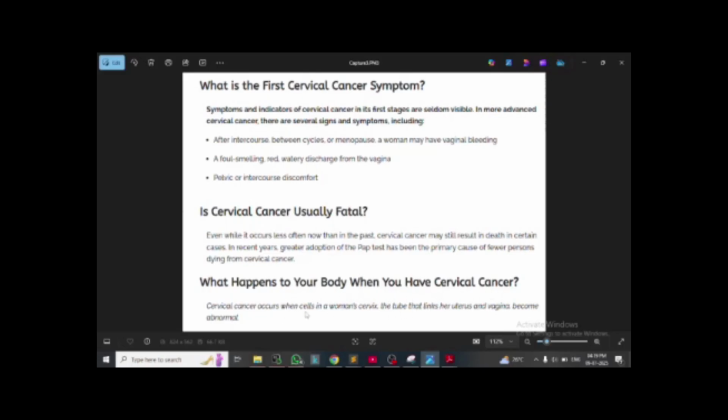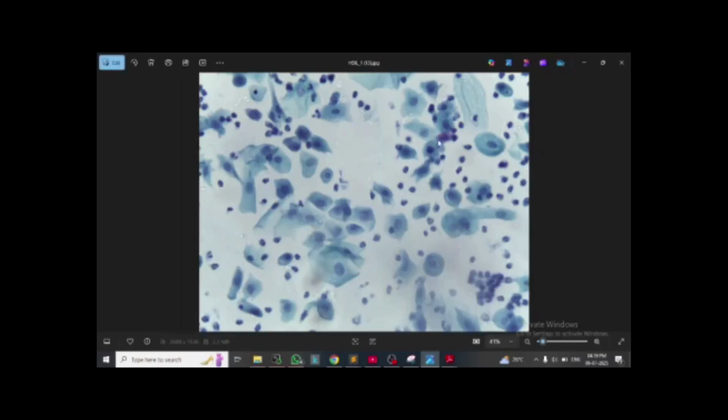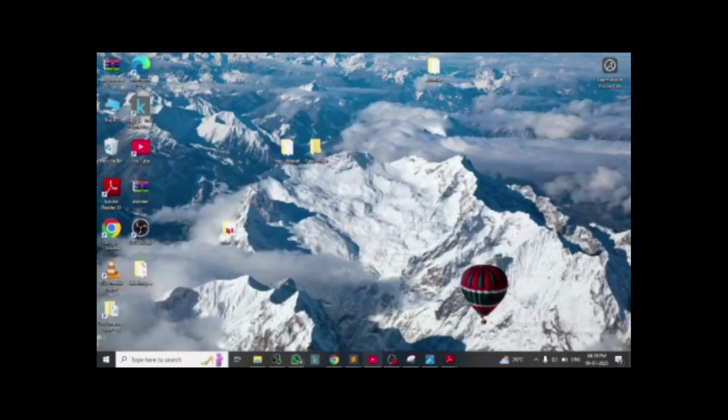Cervical cancer occurs when cells in a woman's cervix, the tube that links her uterus and vagina, become abnormal. See, this is a picture of the cells.